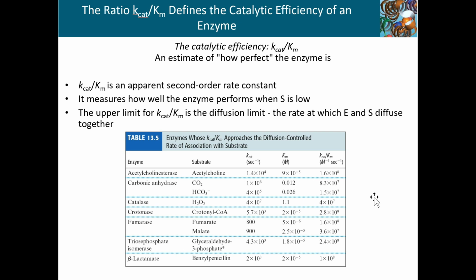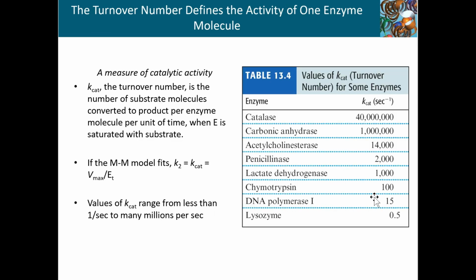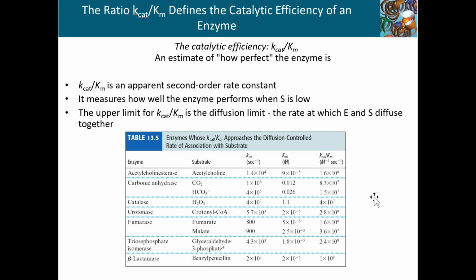Now this is interesting. The ratio. So remember, we've got Km, Michaelis-Menten constant, which is looking at how strongly an enzyme associates with a substrate. We have our turnover number, kcat. And the ratio of kcat to Km gives us insight into catalytic efficiency of an enzyme. So how perfect is an enzyme?